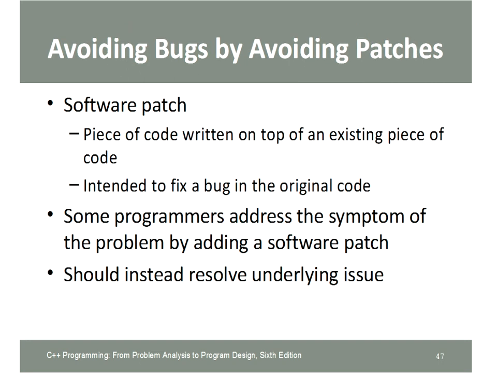Okay, so we might have a lot of bugs in code, and a software patch is a piece of code written on top of an existing piece of code. It is intended to fix a bug in the original code. So you make some logical mistakes, eventually find out that your program has some bugs, and then you write a piece of code that fixes those logical mistakes.